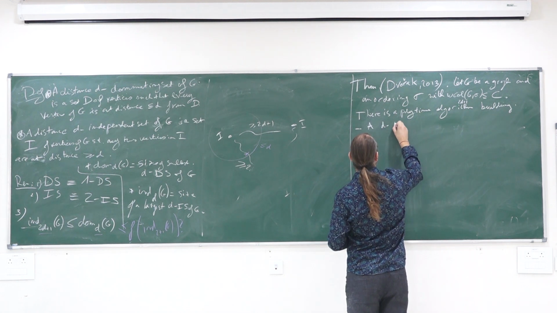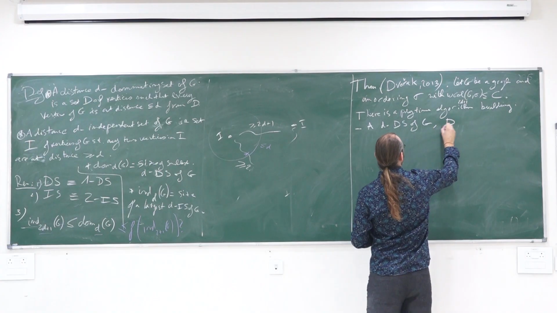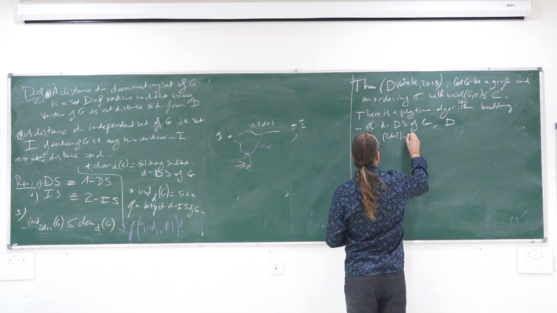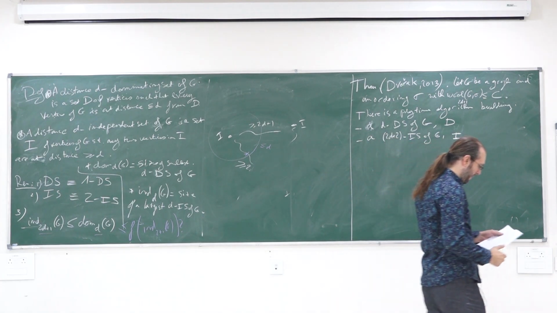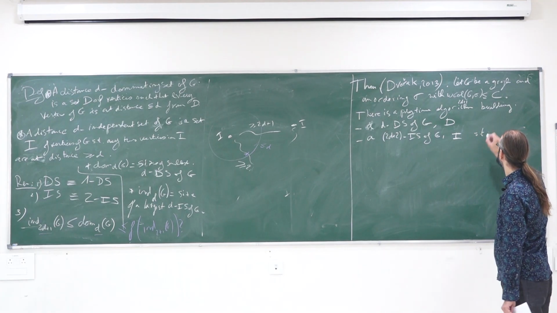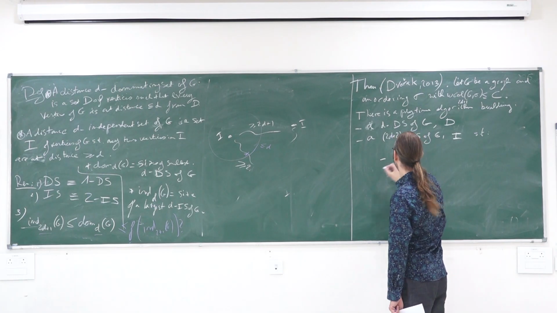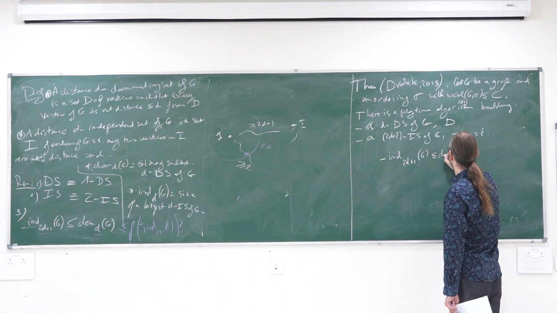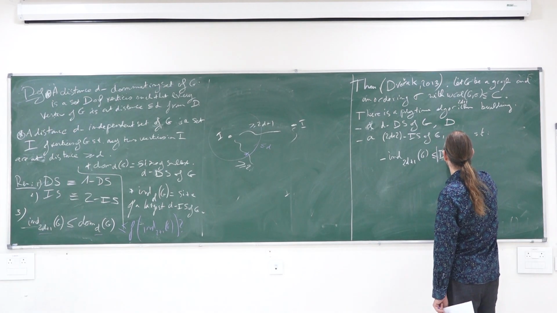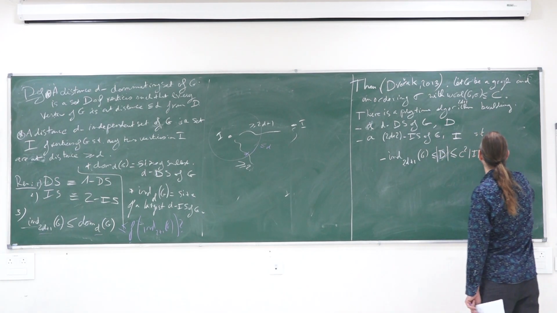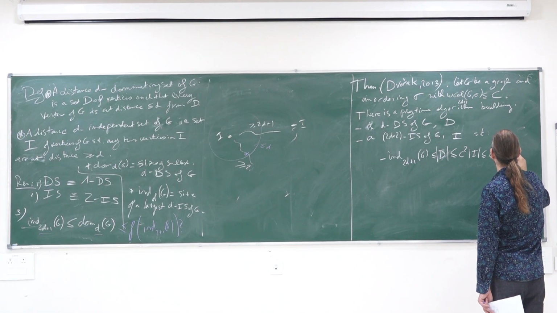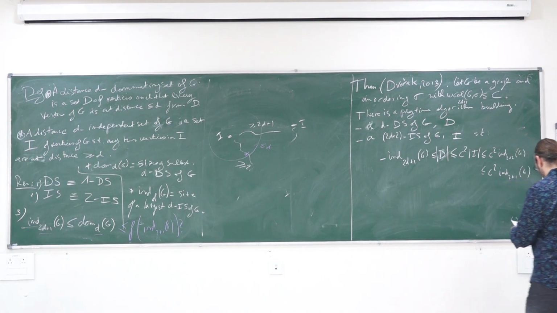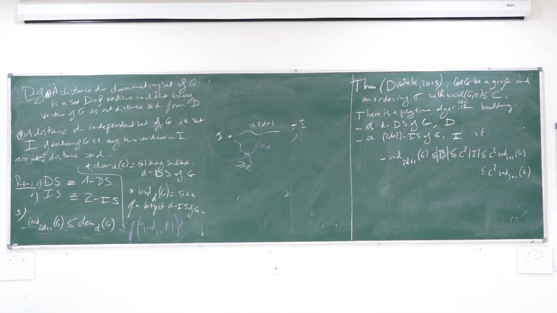A d-dominating set of G, called D, and a 2d plus 2 independent set of G, let's call it I, such that, I'll just put it in the chain of inequalities, the size of D will be at most c squared times the size of I. So actually, it's slightly even stronger.